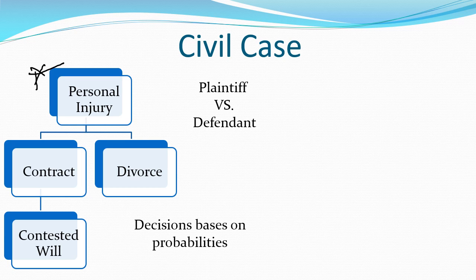When it's a civil case, it's going to be between a plaintiff and a defendant. A plaintiff is going to start the case, and they're the ones that have the problem against the defendant. A lot of these cases you'll see with renters, where the plaintiff is the person who owns the property, and the defendant is late on the rent, and so on.